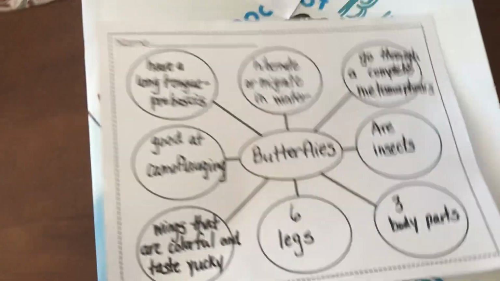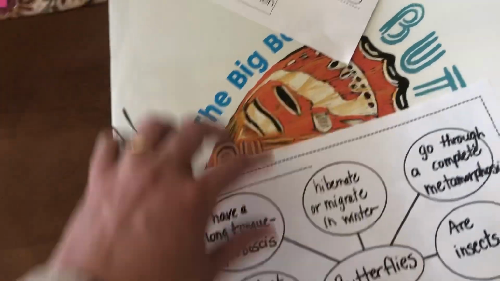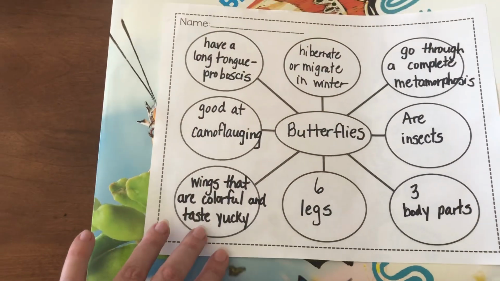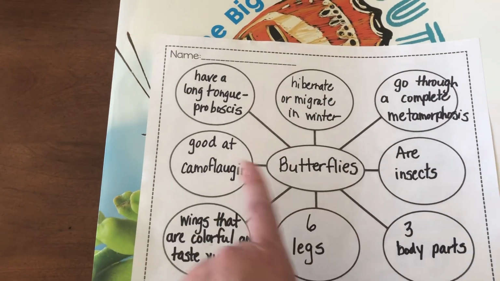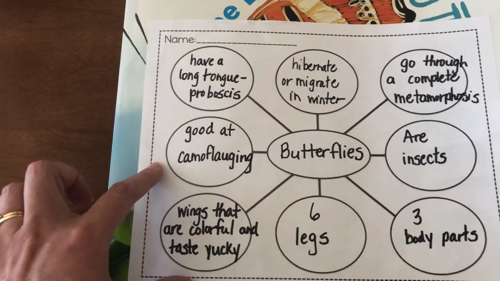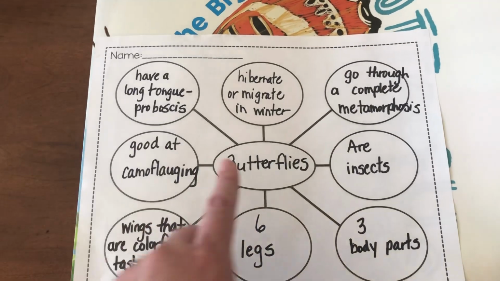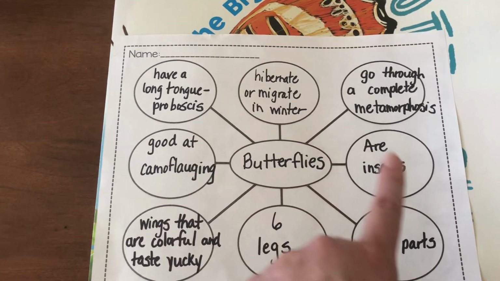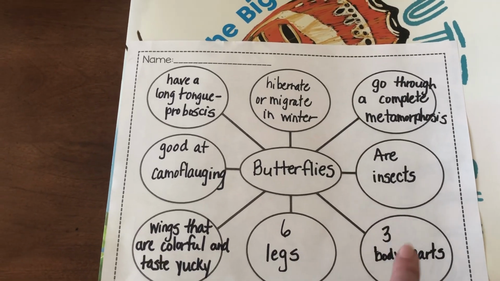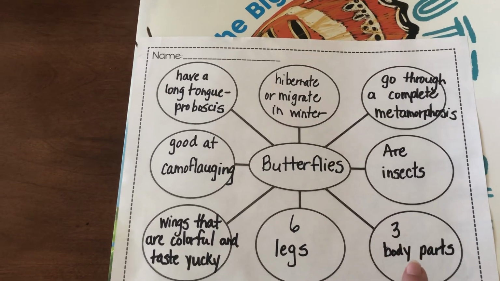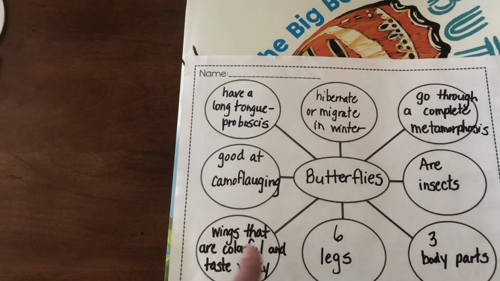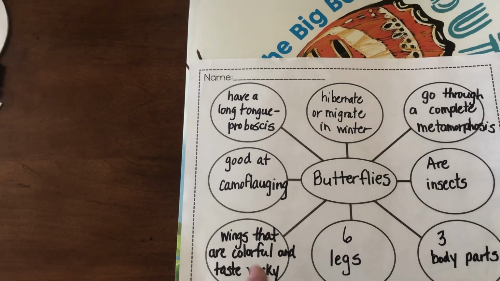So let's get a graphic organizer out. I made a web, and my web has the word butterflies right in it because that's what we read about today. And let's think of some facts that we learned from this book. So butterflies are insects. They belong to the insect group because they have 3 body parts, a head, a thorax, and an abdomen, and 6 legs. They have 4 wings that are very colorful and taste yucky.